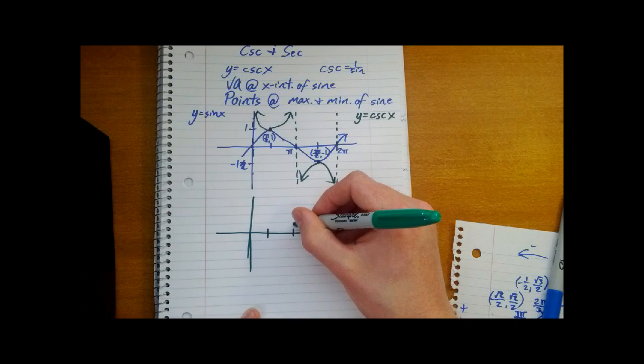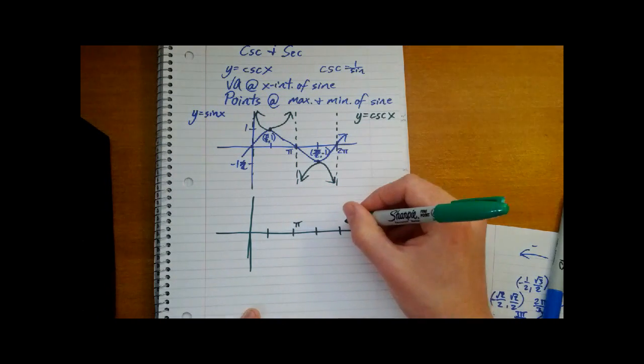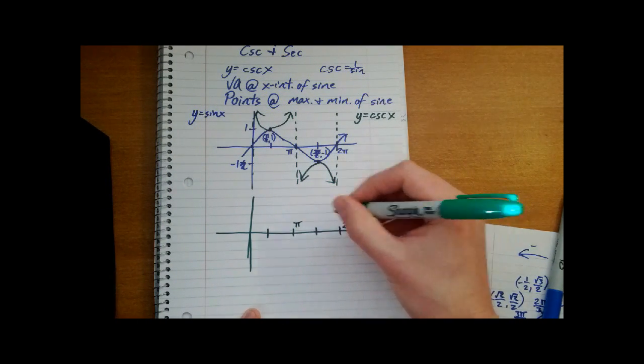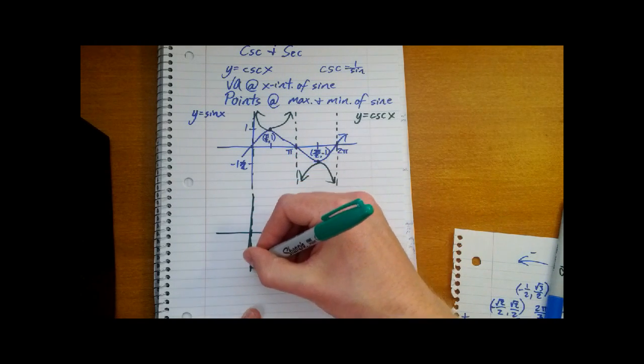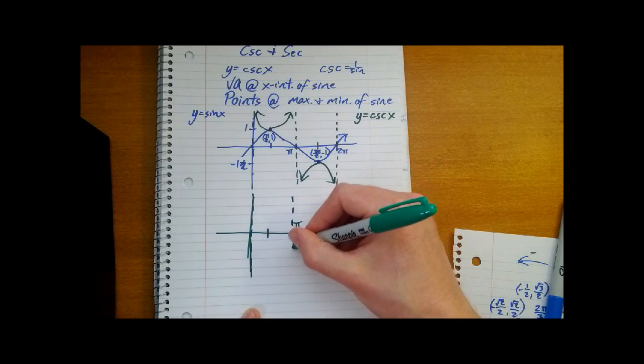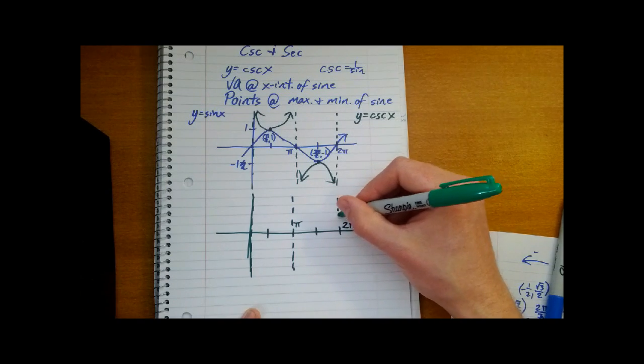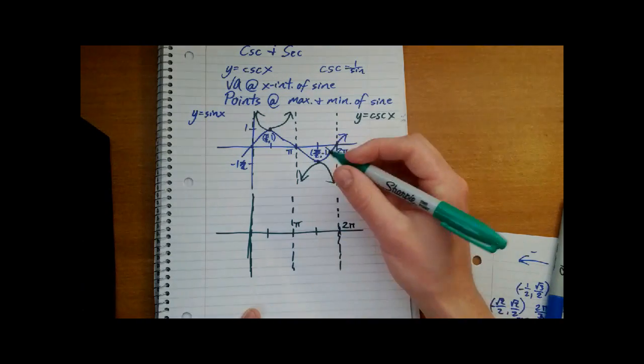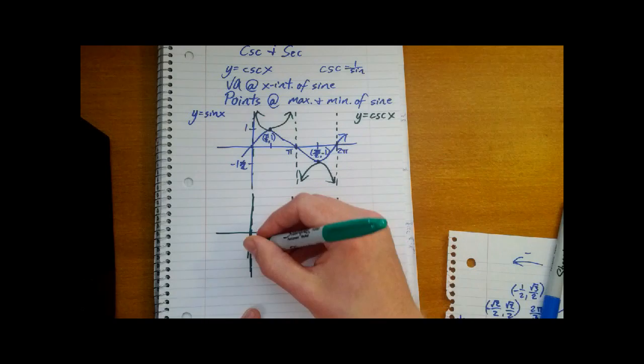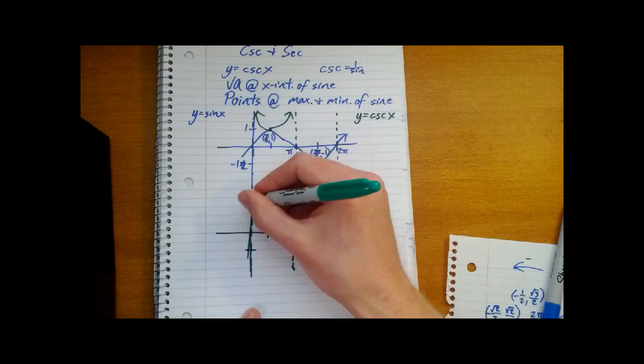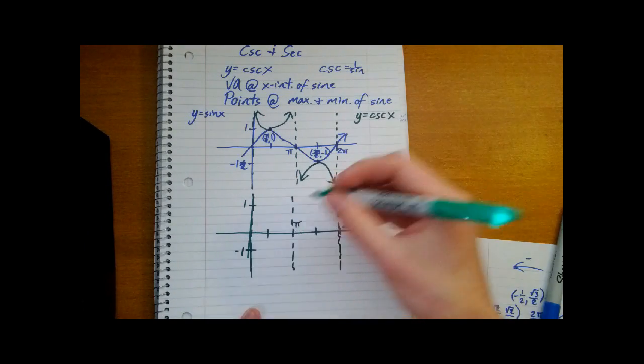So here at pi, and here at 2 pi, and at 0, we will have vertical asymptotes. It just corresponds nicely. And 1, -1.